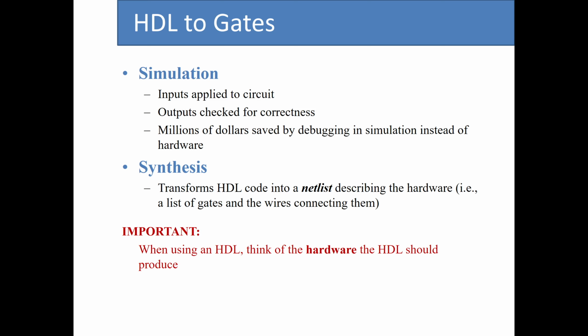One thing that is very important for you to consider is that when you are using an HDL, you should be thinking of the hardware that the HDL is producing. Because of that, there are some considerations that might be different than other programming languages. We will get to them in a later video.